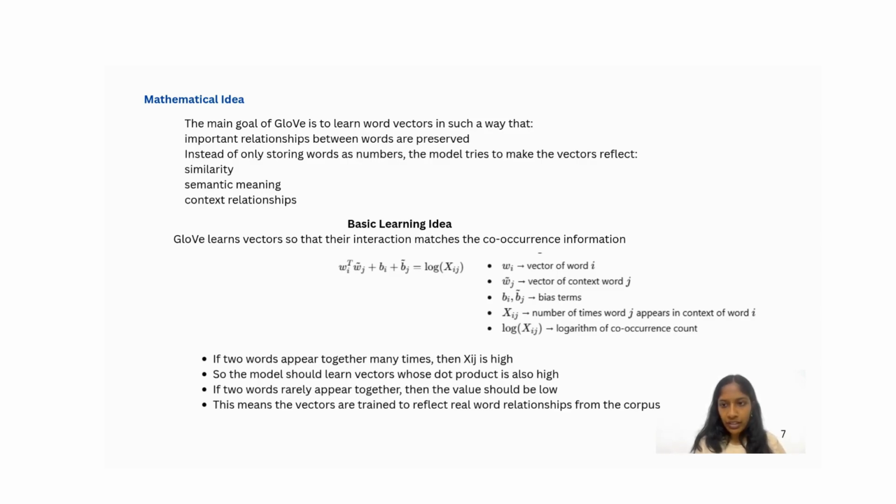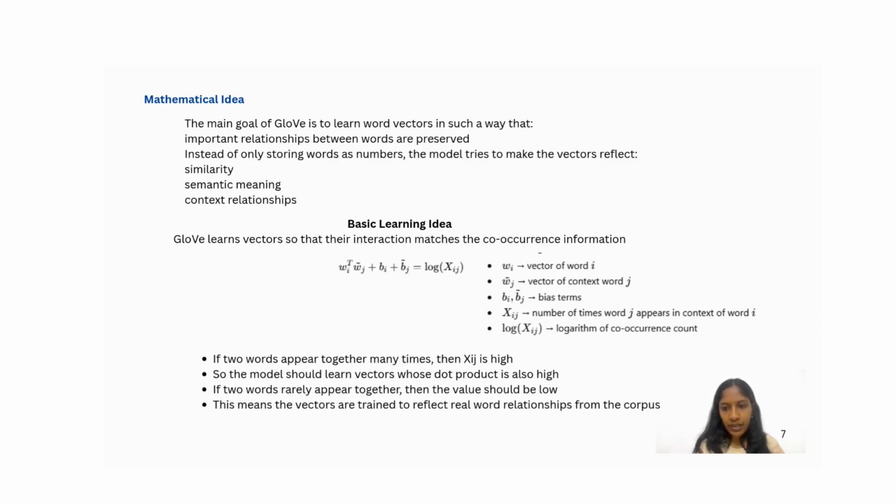Moving to the mathematical intuition behind GloVe, the main goal of GloVe is to learn word vectors such that their dot product approximates the logarithm of how often two words appear together. To understand this simply, if two words frequently occur together, their vectors should be similar, meaning they point in similar directions. If they rarely appear together, their vectors should be far apart. We use the logarithm of co-occurrence counts because raw counts can vary a lot.